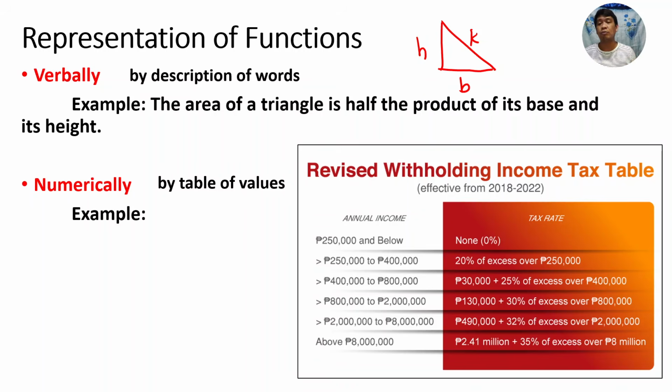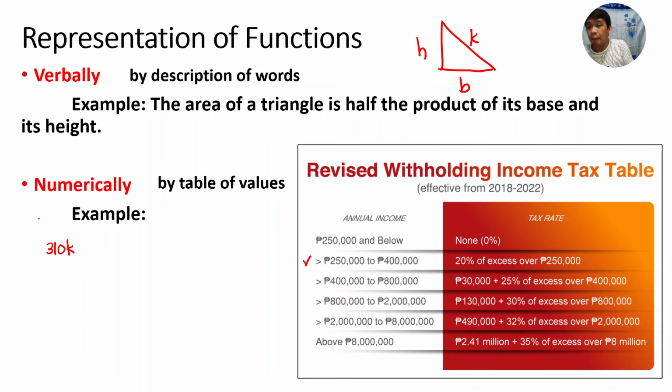So walang babayarang tax kapag mas mababa or equal sa 250,000 annually ang income. So what if ang kinikita ng family ay say 310,000 annually? So as you can see sa table natin, from 250,000 to 400,000, which is where 310,000 belongs, ang tax mo daw ay 20% in excess of 250,000.